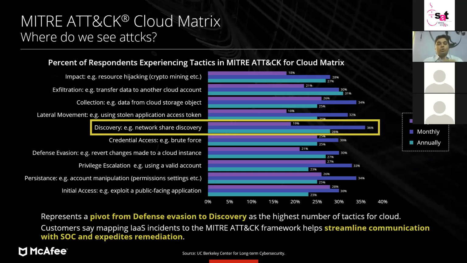So if an organization can get a view of what's happening from a MITRE ATT&CK framework, that becomes very helpful. That kind of data is majority of the time used by the SOC teams to do proactive remediation of threats.